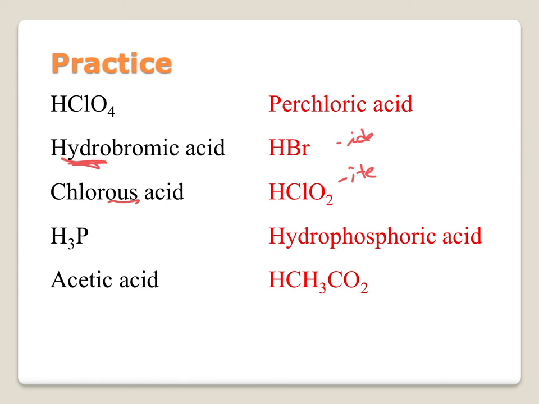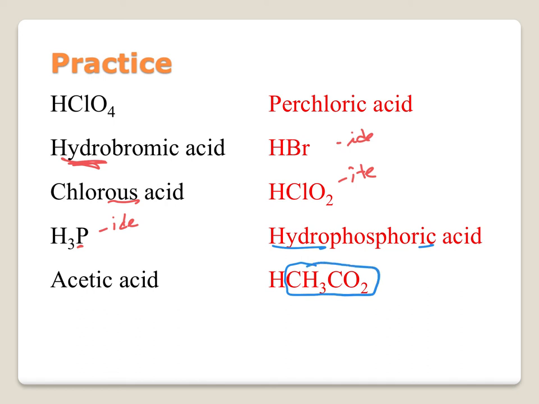H3P, PO4 is more common. So that's just one element, and the one elements are always going to be ide. So we've got hydrophosphoric acid. And then I had to throw in acetic acid. That always confuses students. The ion is acetate.